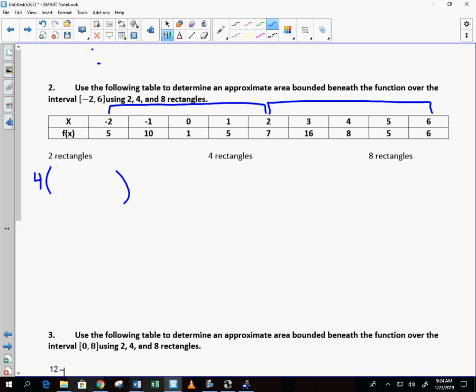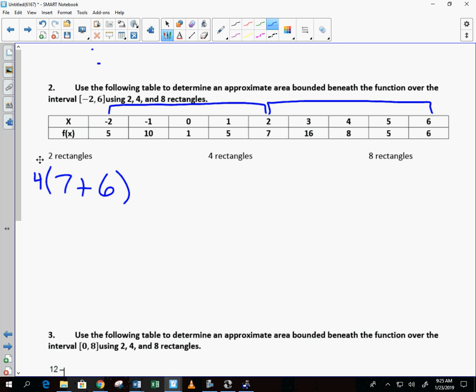And remember, we decided to evaluate the heights on the right side. So which x value do I evaluate the first height at? 2. And what's the height at 2? 7. In my second rectangle, I evaluate the height at 6. And what is the height? 6.